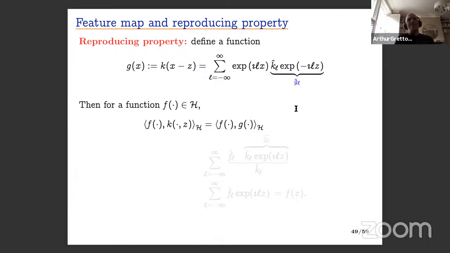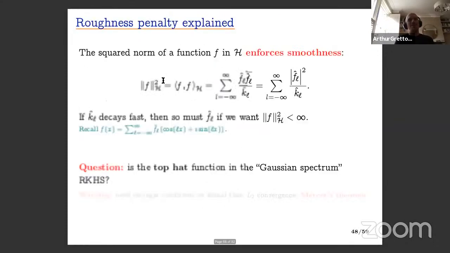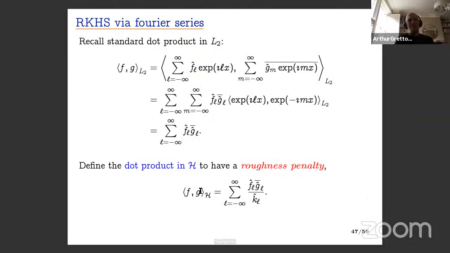Okay, so now let's check that our famous reproducing property holds. To do that, I'm going to use the dot product from a couple of slides ago. Remember, this is the dot product.